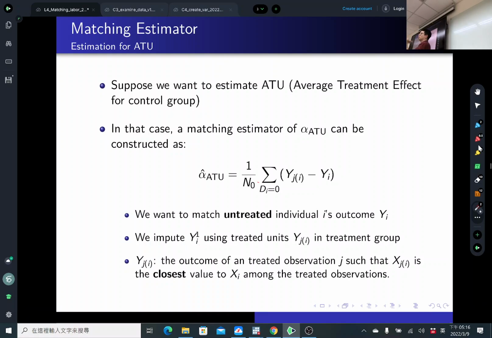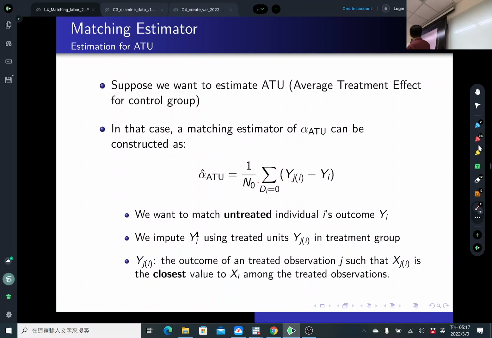You don't know for the control group, what if they had joined the job training program, what would their earnings be. So you should try to find the observation J in the treated units, the treatment group, that has very similar characteristics to the control unit, for example individual I, and use their outcome to replace Y1.